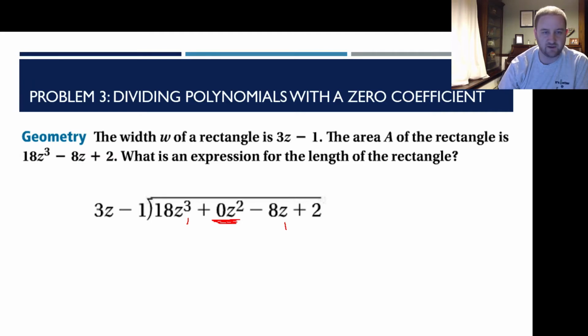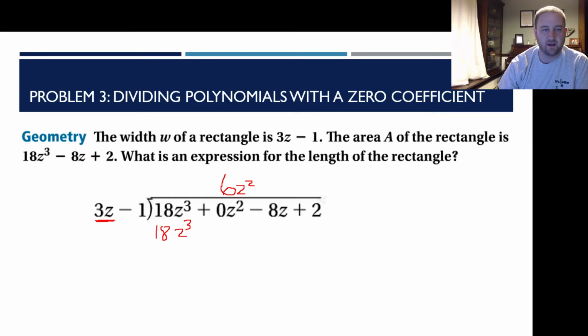Okay, so let me erase these marks. We first look at the 3z here and see how many times it goes into 18z cubed. So 3 goes into 18 6 times. z goes into z cubed z squared times. So 6 times 3 is 18. z squared times z is z cubed.